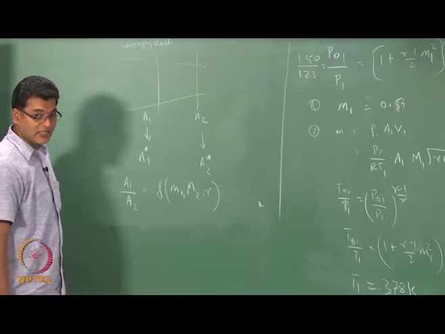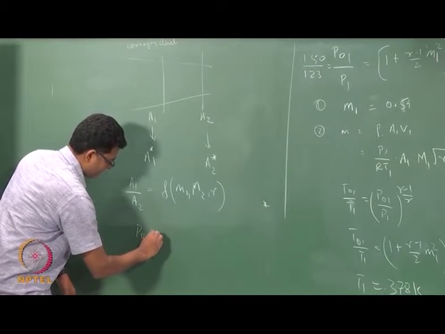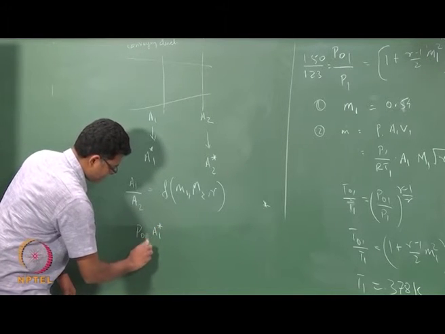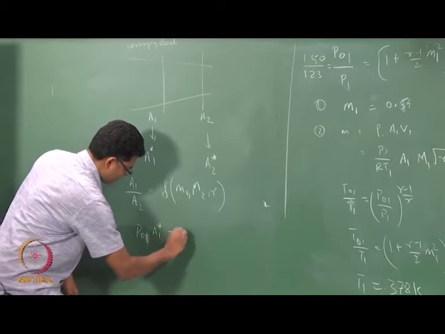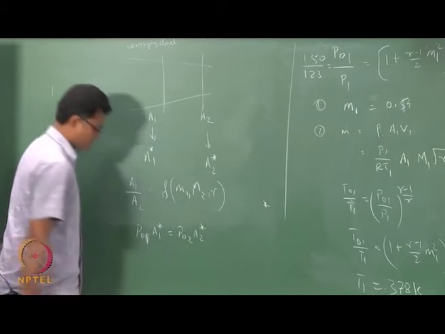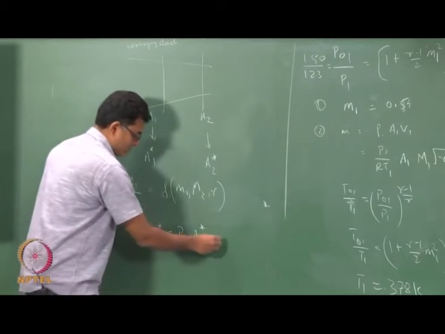If the process is isentropic, we know that P01 A1 star equals P02 A2 star.